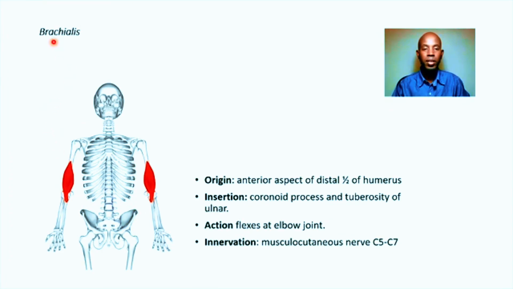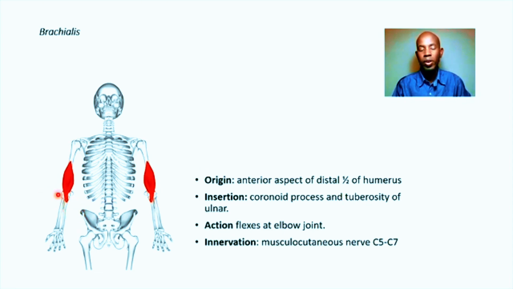Lastly, brachialis. Brachialis is a pure forearm flexor. It originates at the anterior aspect of the distal half of the humerus, right here, and attaches to the coronoid process and tuberosity of the ulna, as you can see here.